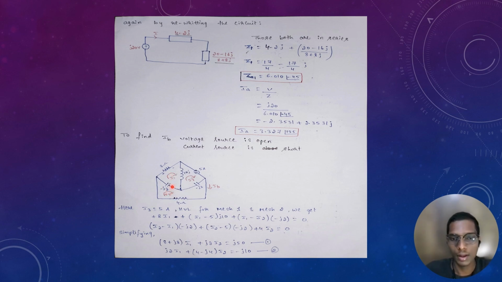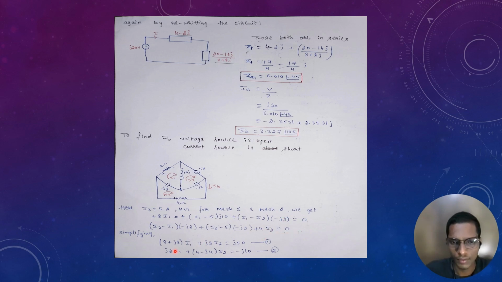By applying KVL, we get the equation 8I1 plus (I1 minus 5)j10 plus (I1 minus I2)(minus j2) equals 0. This is the first equation for the first loop. Again for the KVL of the second loop we get (I2 minus I1)(minus j2) plus (I2 minus 5)(minus j2) plus 4I2 equals 0.